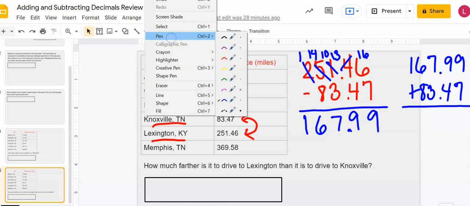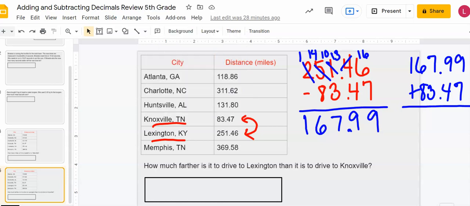I'm going to change pen colors. Okay, 9 and 7 make 16, that's hundredths. 9 and 1 is 10, plus 4 more is 14. Oh, there's my decimal. 7 and 3 make 10, 1 more is 11.